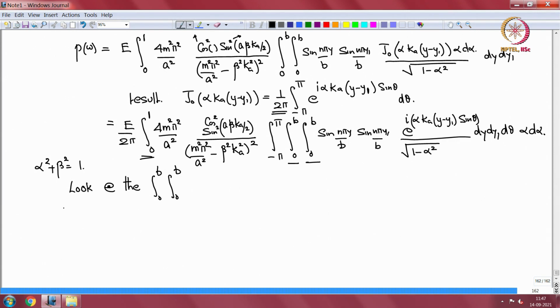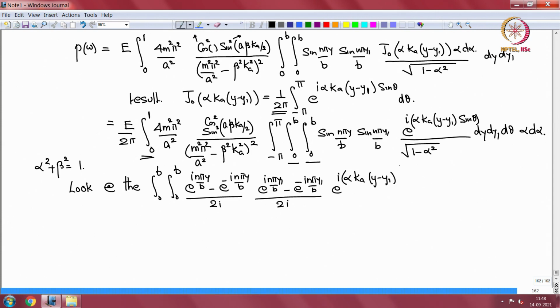We have the integral 0 to B of e to the power i n pi y by B minus e to the power minus i n pi y by B, by twice i, times e to the power i n pi y1 by B minus e to the power of minus i n pi y1 by B, by twice i, times e to the power of i alpha k a (y minus y1) sin theta, dy dy1.